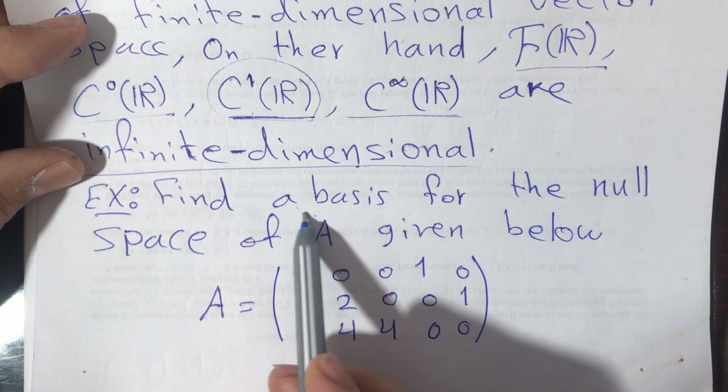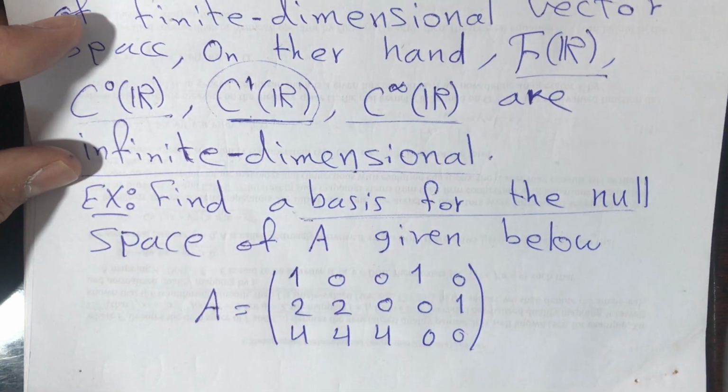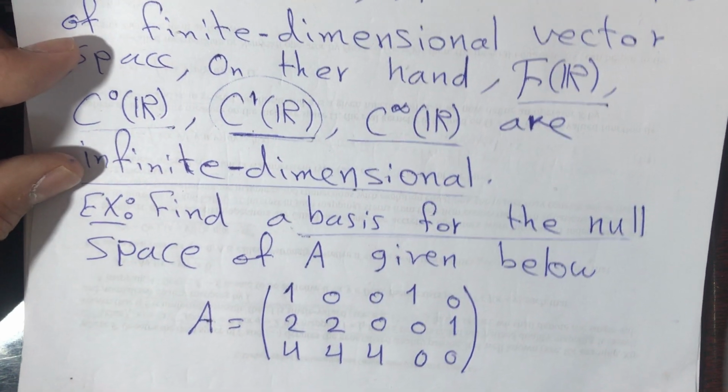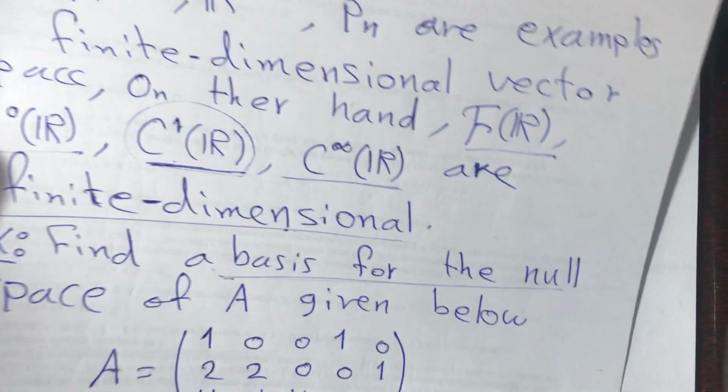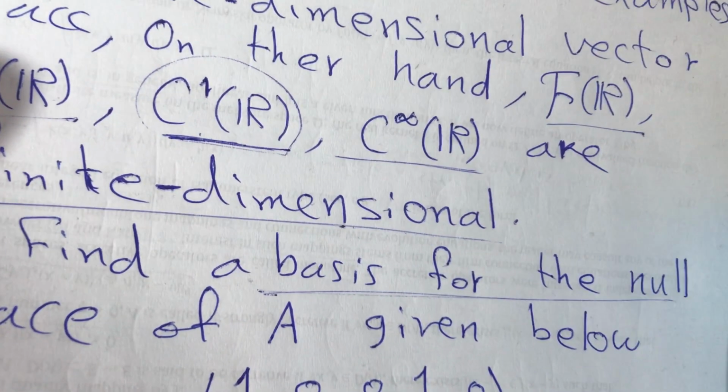Find a basis for the null space. This is page number 1. Null space means Ax equals 0.